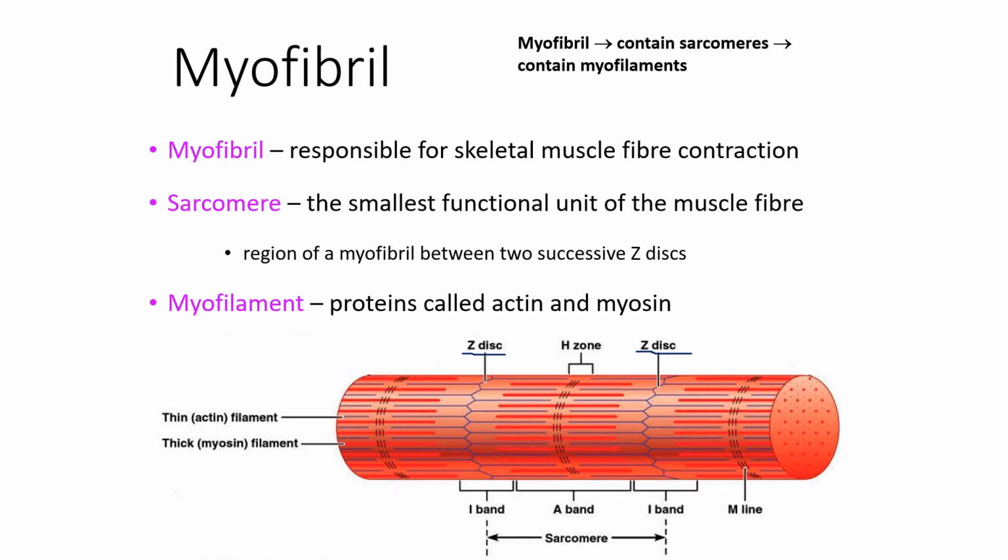This sarcomere is made up of myofilaments. Myofilaments are two types, actin and myosin. So a myofibril contains a sarcomere, which is the contractile unit, and the sarcomeres contain the myofilaments.